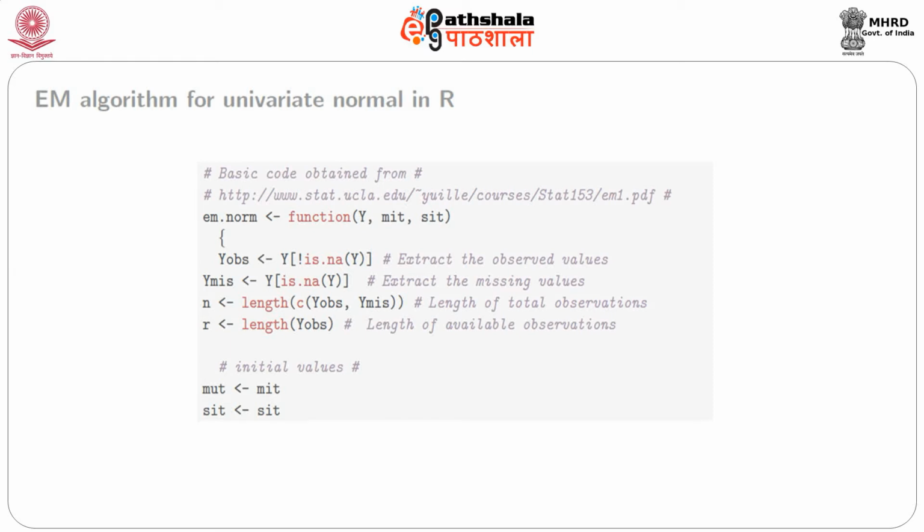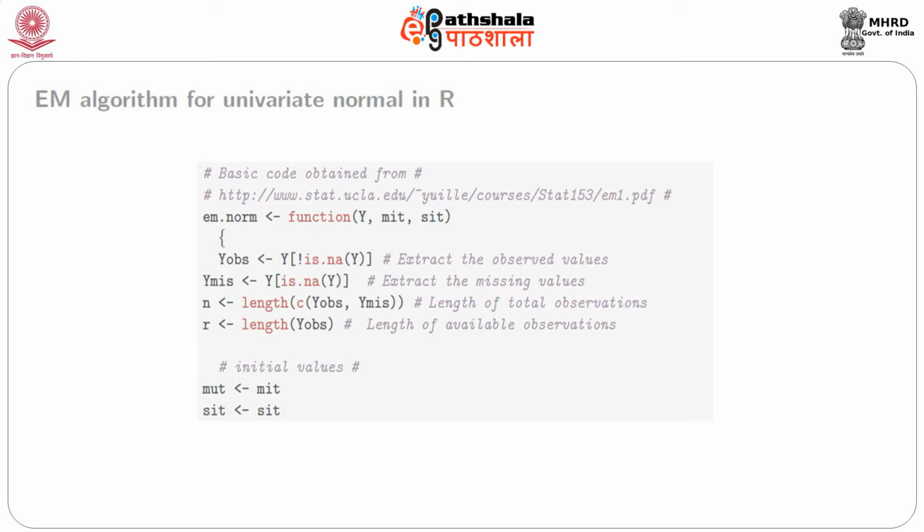The first is the vector of inputs of the data, denoted by y, and this y contains both the observed as well as the missing data. Then we have MIT, which is the initial value for the mean which the user should provide, and SIT, which is the initial value of the standard deviation which the user should provide.